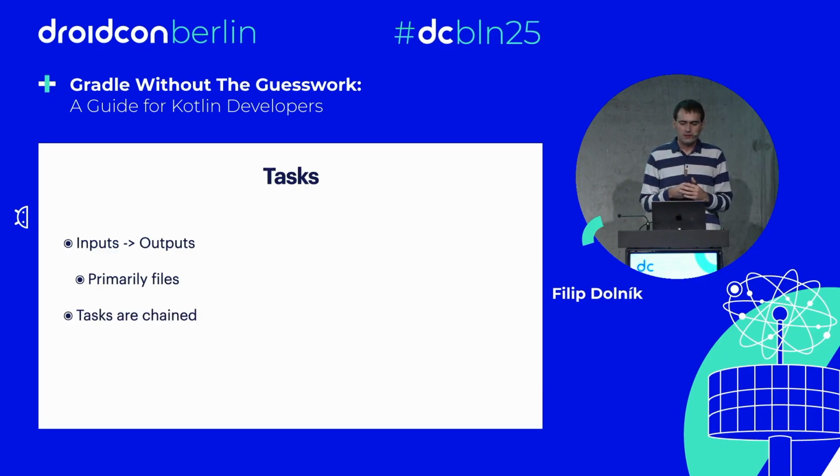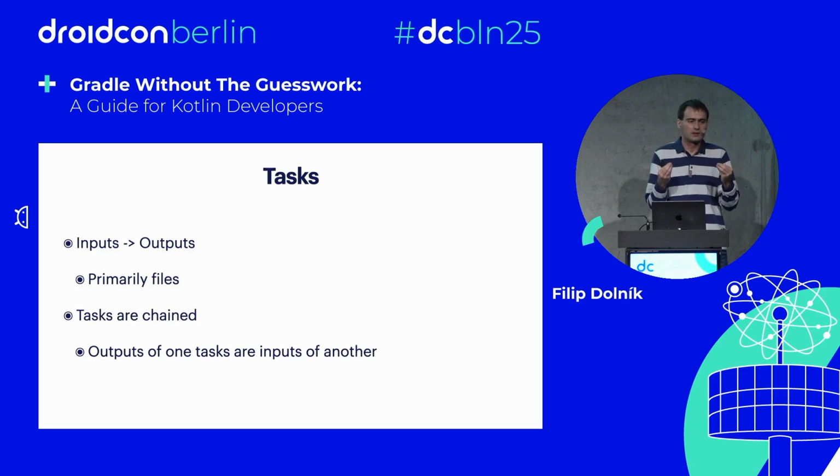A significant feature of tasks is that they can be chained together to create a more complex thing. You can use outputs of one task as inputs of another, which is why in Gradle, the inputs and outputs aren't just an abstract concept. They are a fundamental feature of a task that you actually have to explicitly define to form the dependencies correctly.